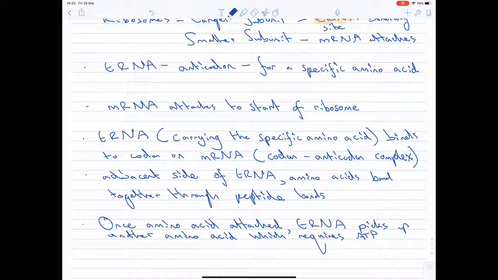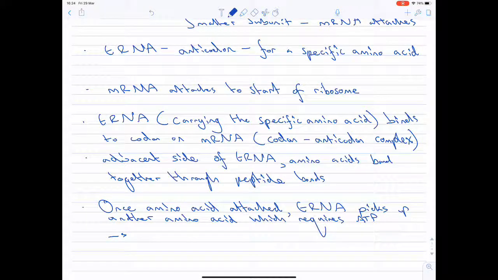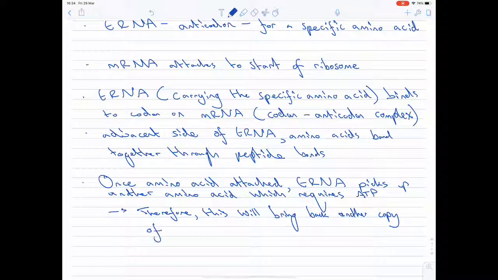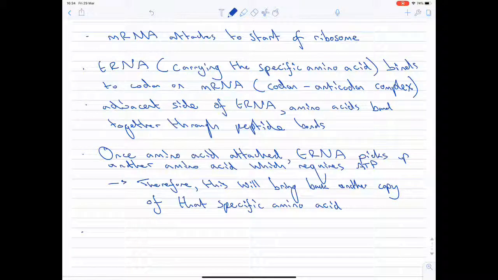It requires ATP. And then this will basically bring back another copy of that specific amino acid. And so this process is continually taking place.